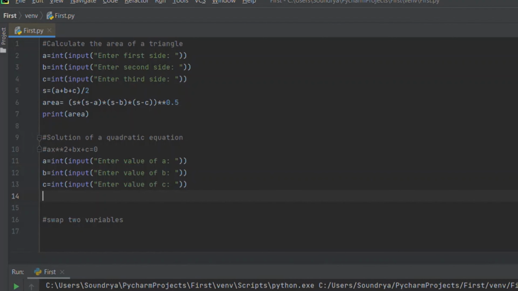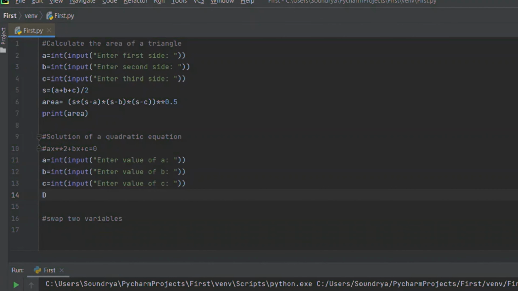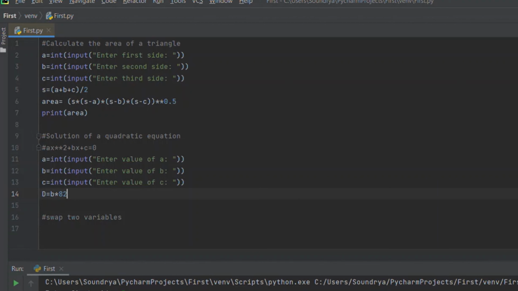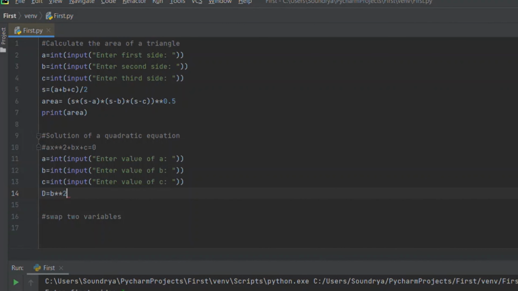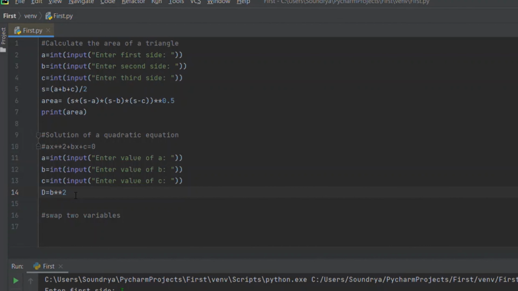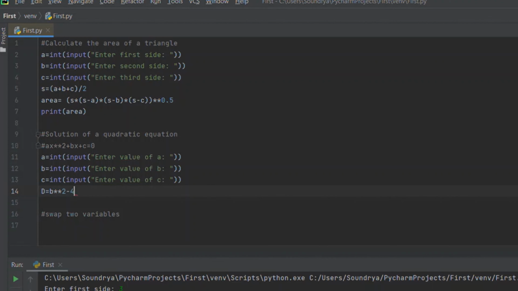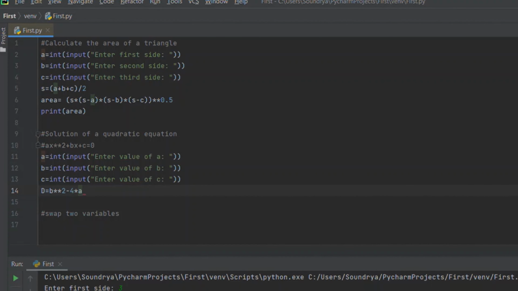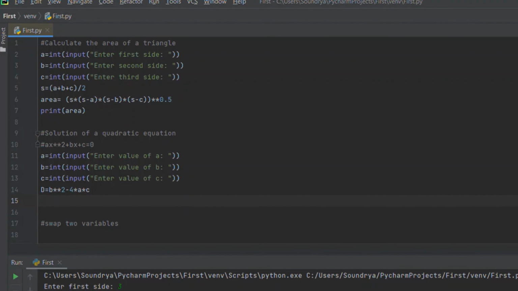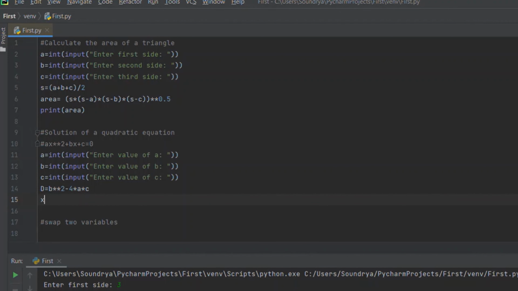Now for the solution of a quadratic equation, we need d. d equals b square minus 4ac. We know we have to use double asterisk for the power. Now x, which is the solution of the quadratic equation.